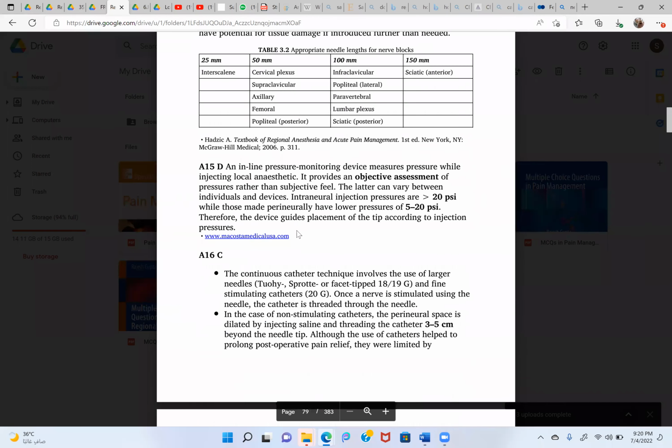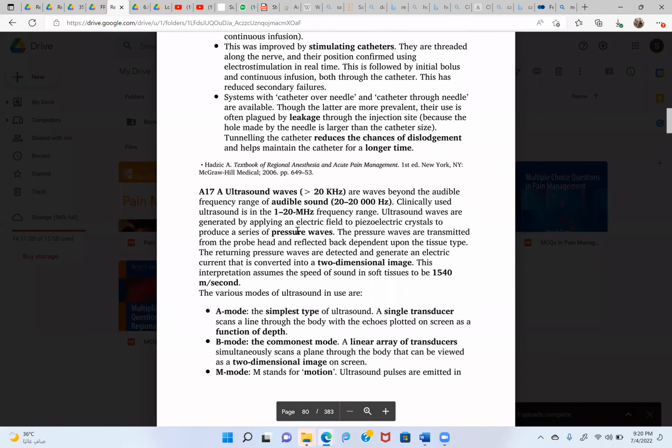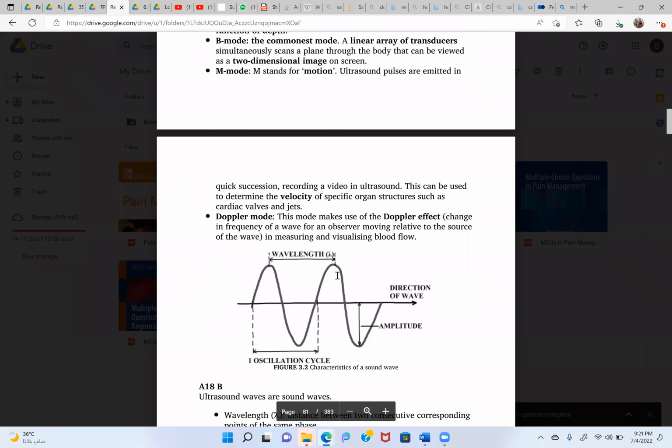Just tell me, does anyone know the principle of ultrasound? Yes, sir. It uses sound waves, and the transducer converts them into some form of electrical energy. There are piezoelectric crystals.